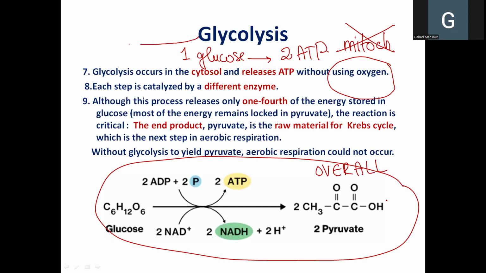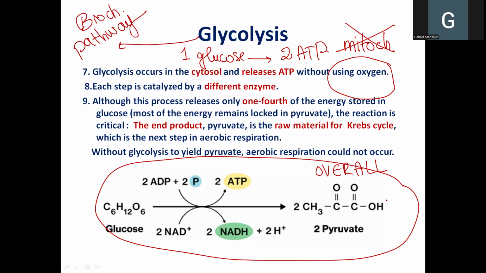Glycolysis is actually a biochemical pathway that consists of a series of chemical reactions, and actually there are 10 biochemical reactions, and the first one will trigger the second one, and so on. So it consists of 10 steps, and each step is catalyzed by a different enzyme, as we have said in our study of the biochemical pathway.